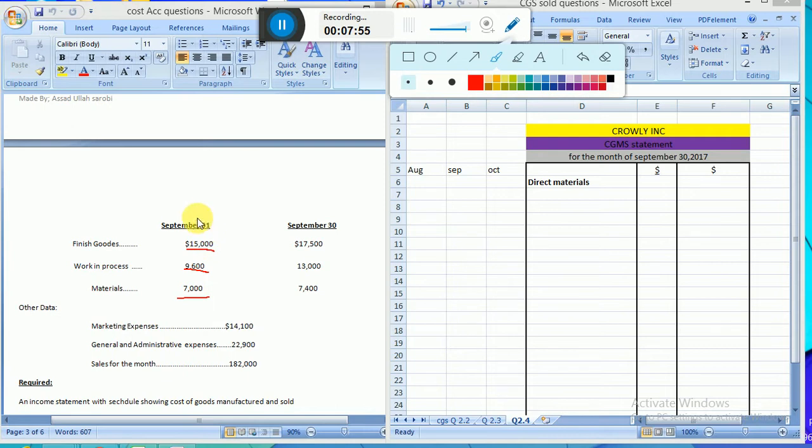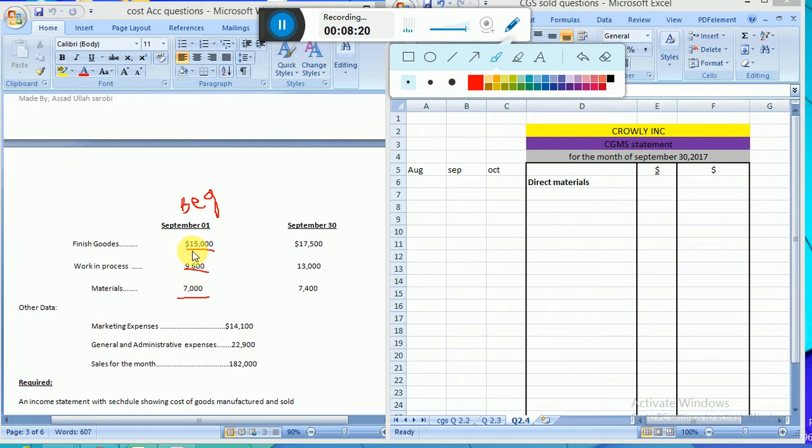So this is the beginning for the month, and we record it on September 1. September 1 is the beginning day of the month of September. So these are our beginning inventories: material 7,000, work in process 9,600, and 15,000 finished goods.